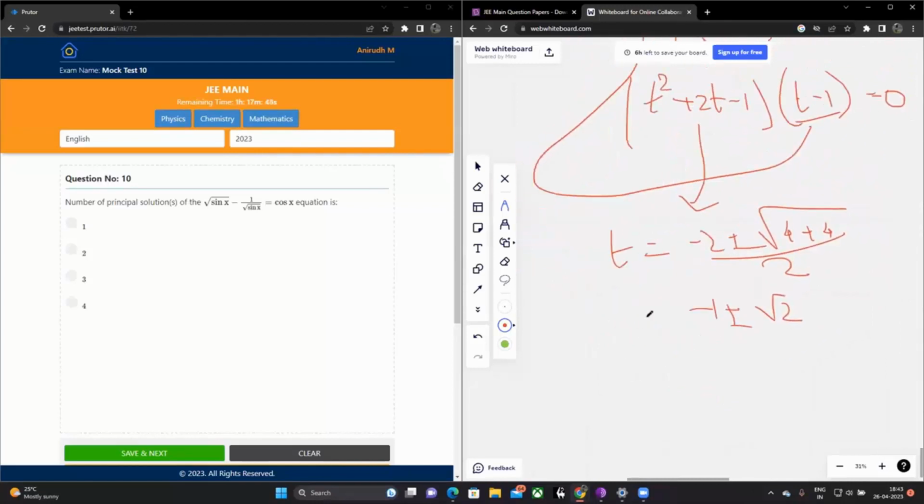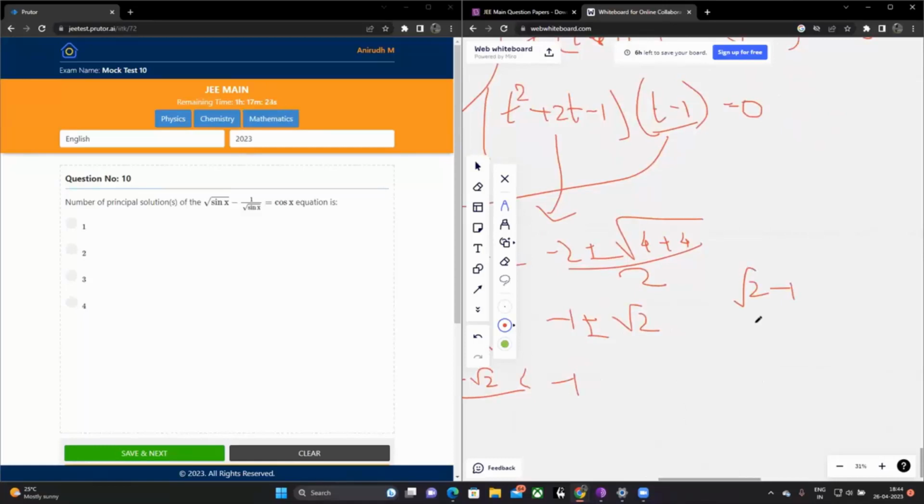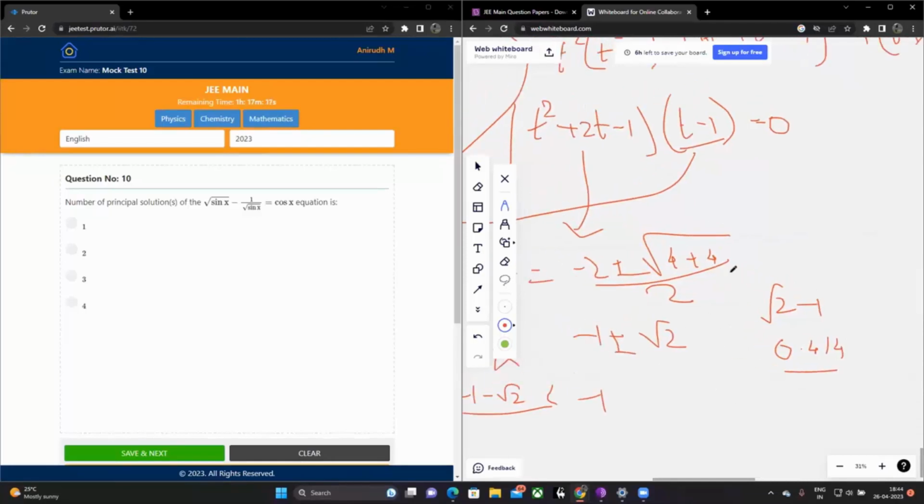So right over here, you notice that one of these two values, that is minus 1 minus root 2, is basically beyond minus 1. It's less than minus 1, right? And sin x cannot go beyond minus 1. So this value cannot occur. It's cancelled out, right? The other value, root 2 minus 1, is basically 0.414, which is within the bounds of sin x. So that can be a possible value, right?